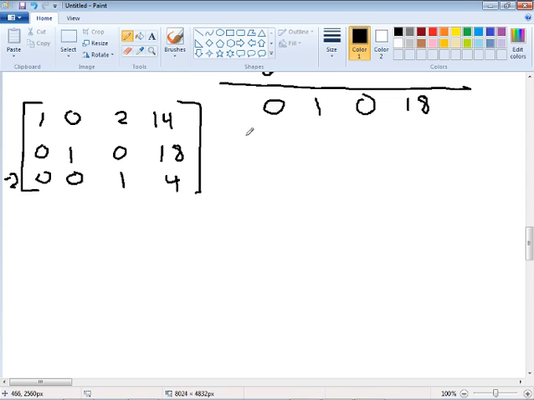So I'm going to have row 1 plus negative 2 times row 3 give me my new row 1.